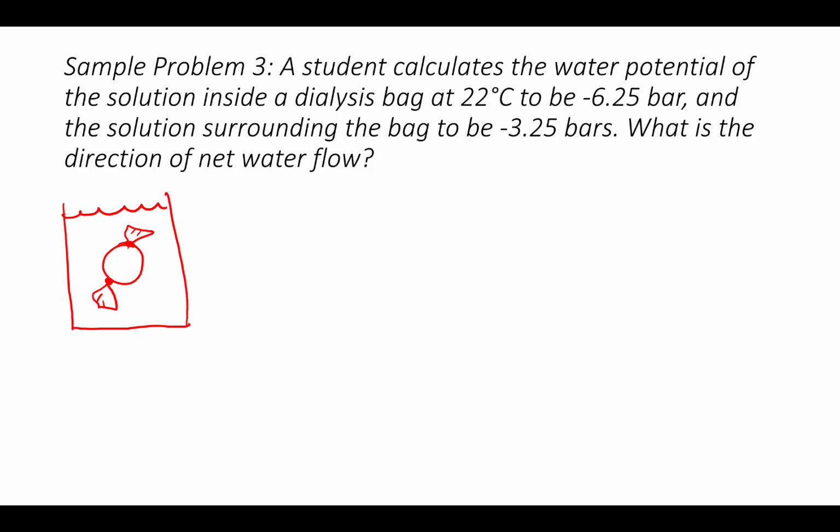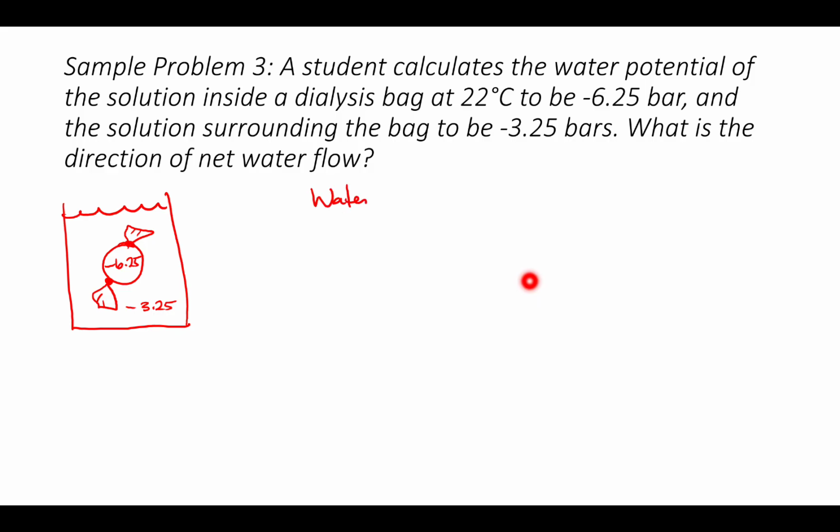They tell us what the water potential is inside the bag. It's negative 6.25. Outside the bag, it's negative 3.25. And we want to know what direction the water is going to flow. So a few things to keep in mind.